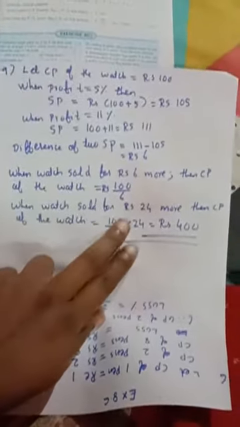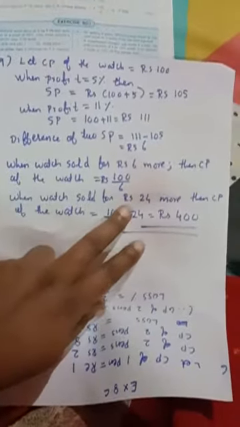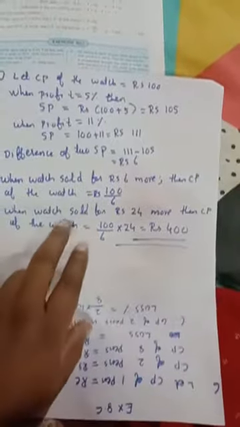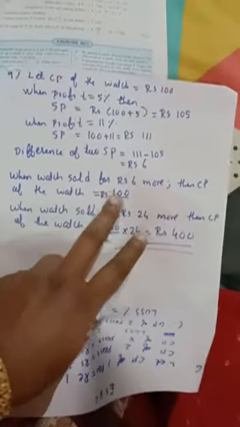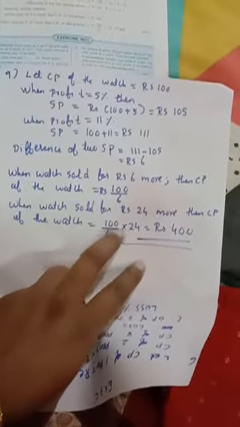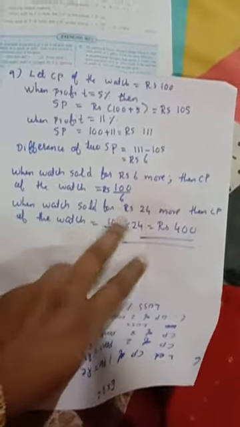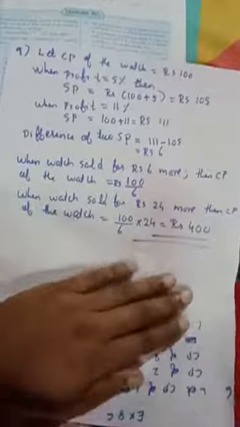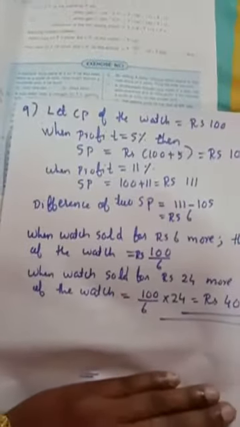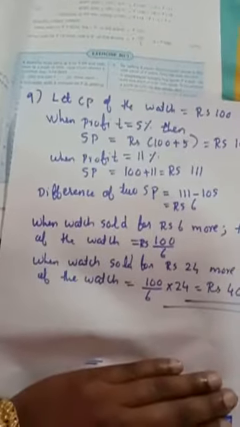When the watch is sold for rupees 24 more, then the CP of the watch is 100 by 6 into 24. 6 into 4 are 24, 4 into 100, rupees 400. Okay, rupees 400. Clear? Our question is the CP of the watch.